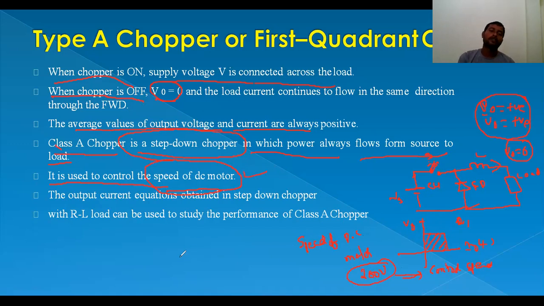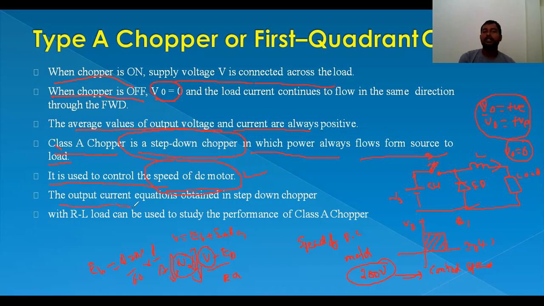Speed N is directly proportional to V minus IaRa, that is, voltage V is equal to Eb plus IaRa. Eb is nothing but PhiZN by 60A. So by reducing the voltage, we can control the speed of the DC motor.